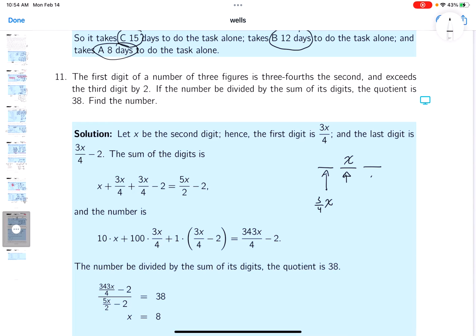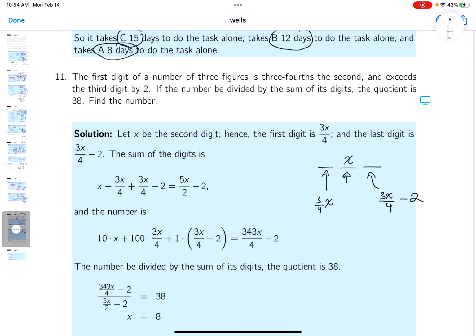Wow. It exceeds the third by 2. So that means this one over here is going to be 3x over 4 minus 2. All right, so I know the first digit, second digit, and third digit now, all in terms of x, where x is some number, an integer, like 1, 2, 3. You get the idea. Again, we're not going to think too much about that.